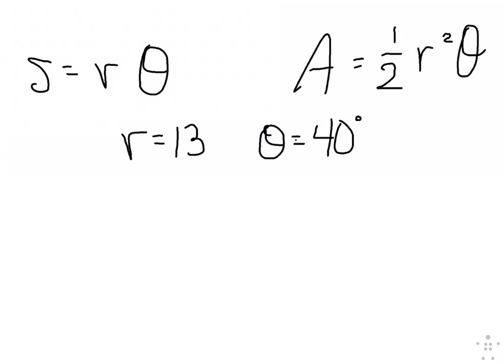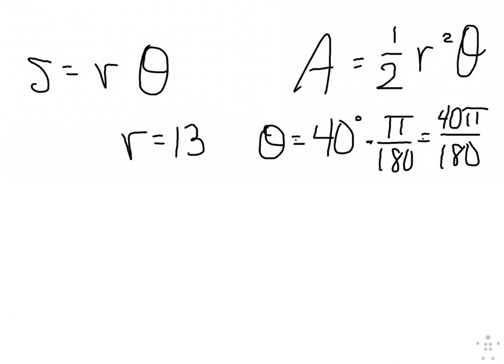So what do you got to do? Multiply it by pi over 180. Now here's the catch: if I have 40 pi over 180, I can reduce it down to 2/9 if I want to. But if your calculator is going to do the work anyway, what does it matter? Does it?